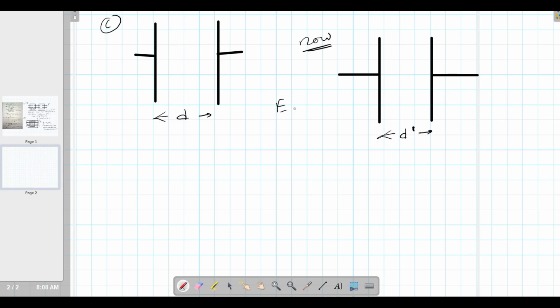E equals V by D, V equals E into D dash. As separation reduces, potential difference also gets reduced.